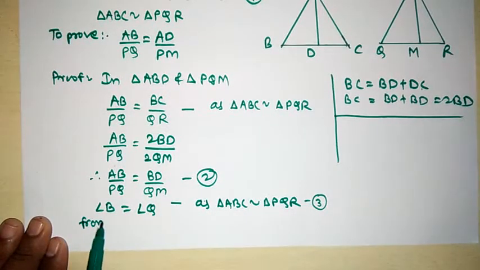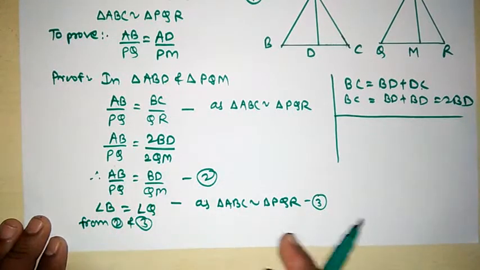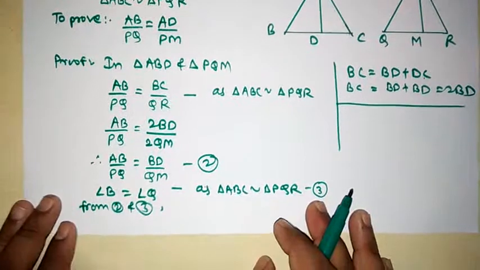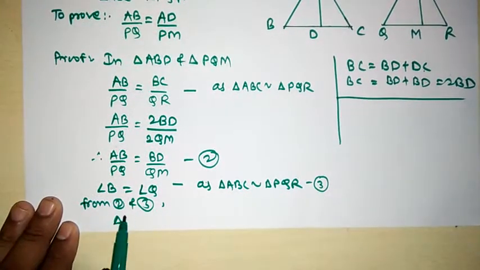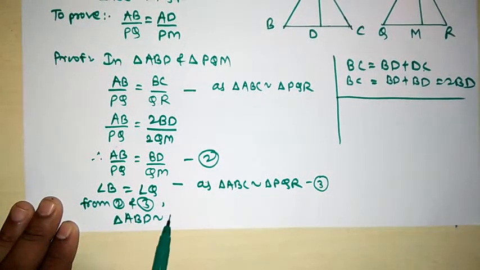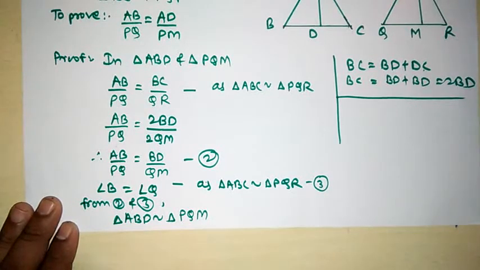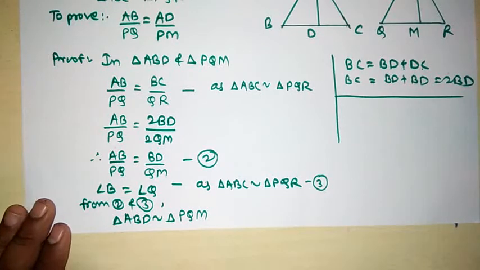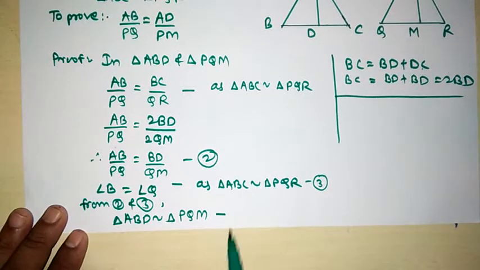From 2 and 3 we can say that triangle ABD is similar to triangle PQM. We can say that these two triangles are similar. What is the reason?